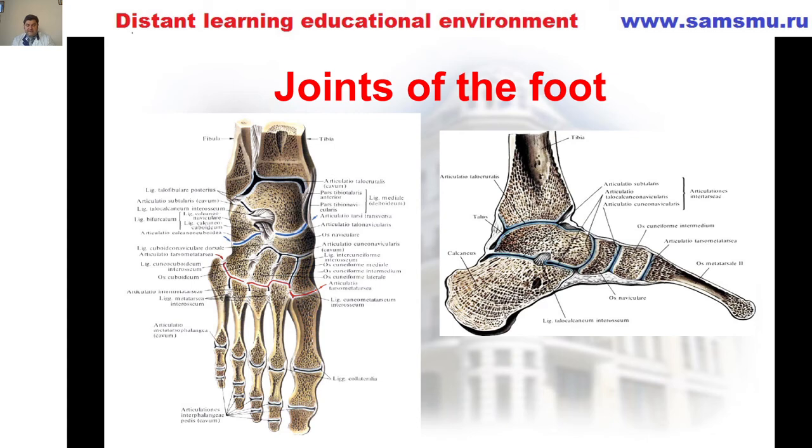The tarsometatarsal joints, you may see in red on this picture, known in the aggregate as the Lisfranc joint, unite the second row of the tarsal bones with the metatarsals.